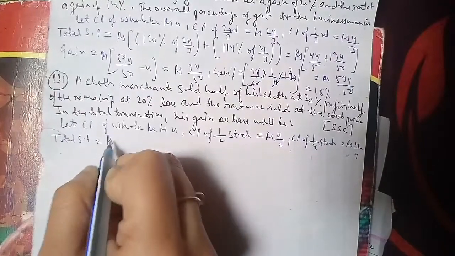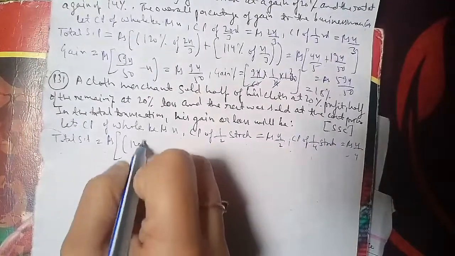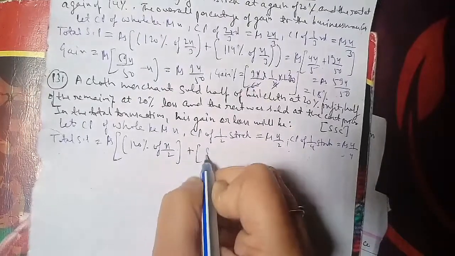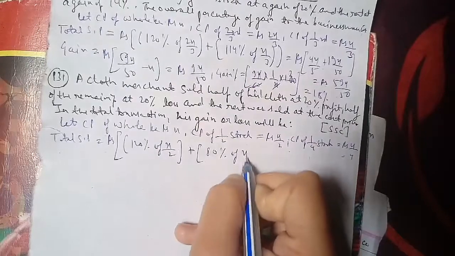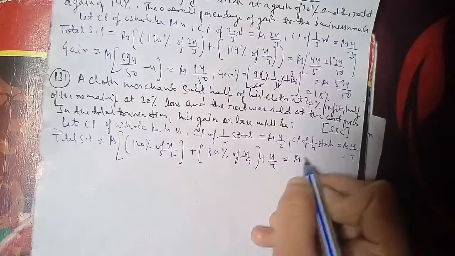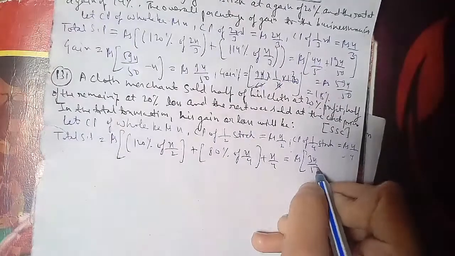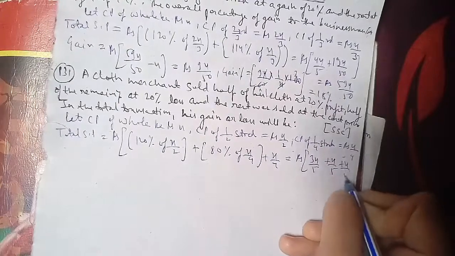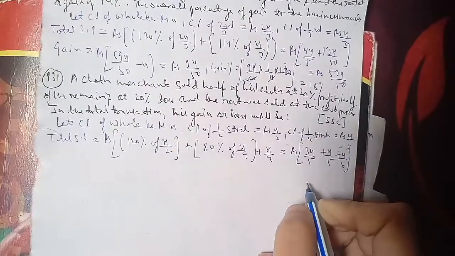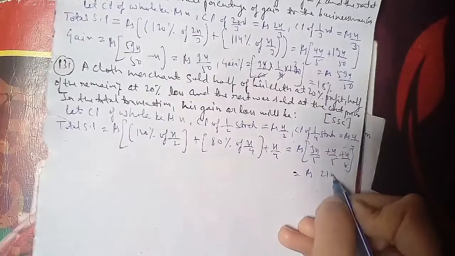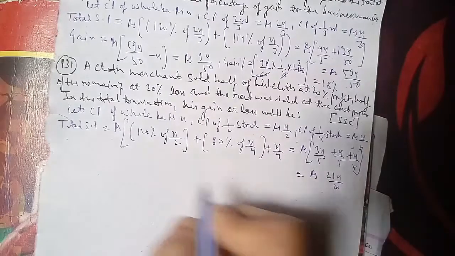Total selling price equals rupees 120% of X by 2 plus 80% of X by 4 plus X by 4, equals rupees 3X by 5 plus X by 5 plus X by 4, which is equal to rupees 21x upon 20.